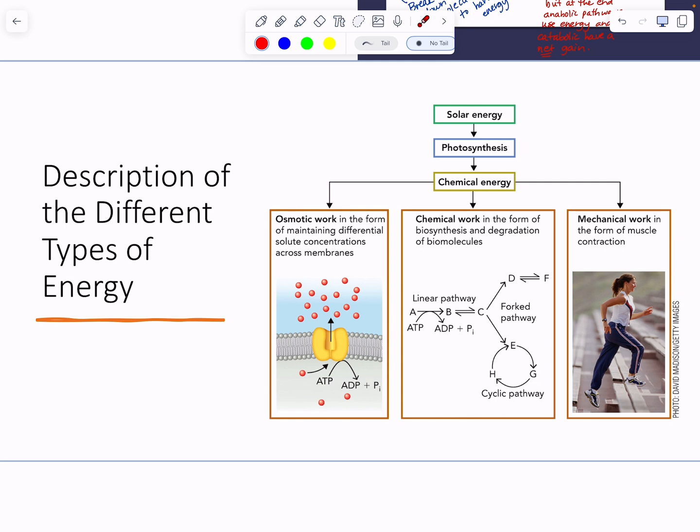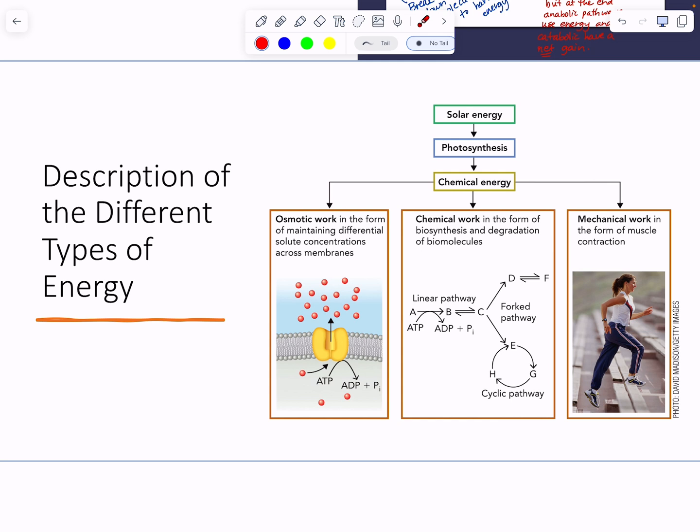Let's say this is a polar molecule or a polar ion that can't get through the nonpolar membrane, so it has to go through a channel that goes through the membrane, and that channel can require ATP hydrolysis to open and close to allow things through. So that's an example of the type of osmotic work that might need energy.